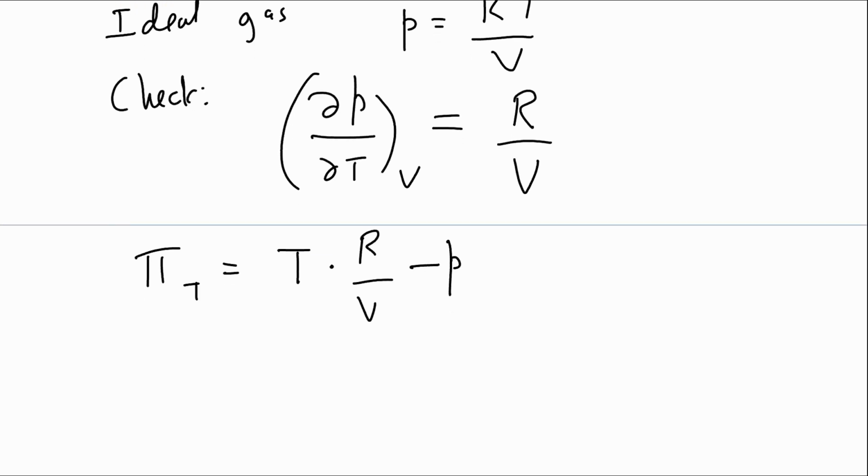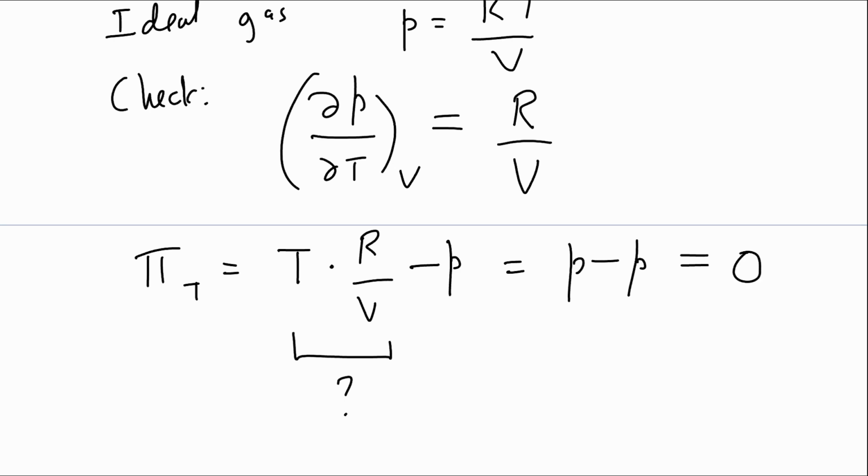But what is RT over V, by the way? Well, RT over V is P, right? So that's equal to P minus P. And what's that equal to?